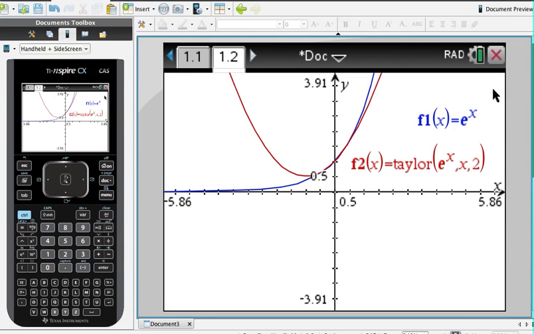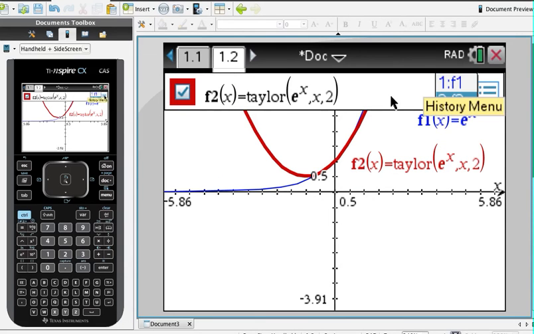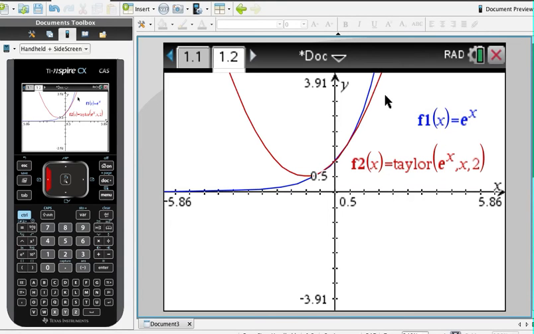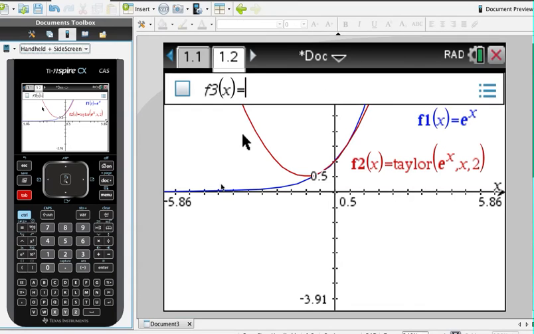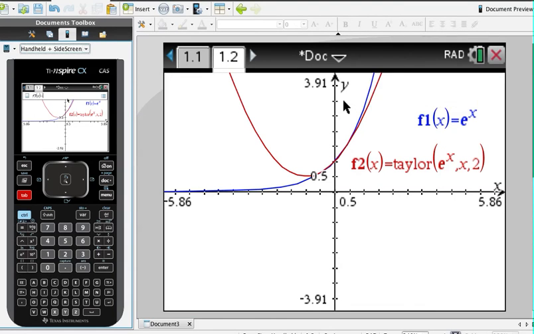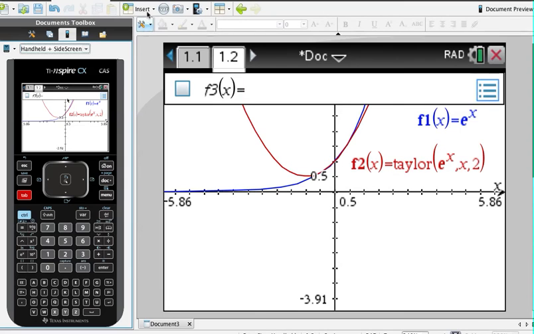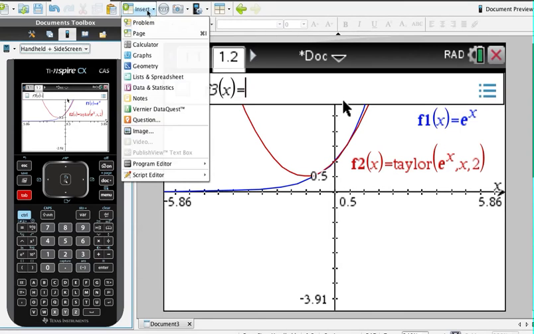Interesting. So, because this acts a little funky, I would like to increase the degree to, let's say, 4 or 5 or something even bigger. What if we go here to insert?